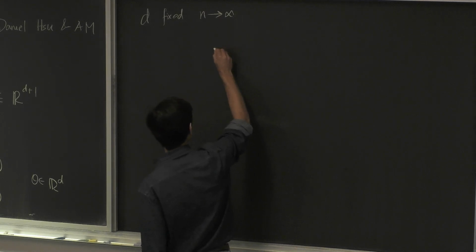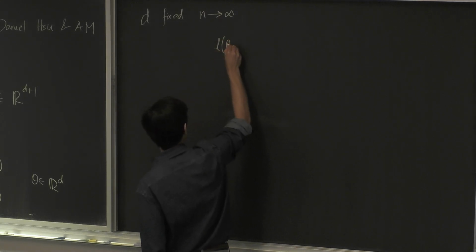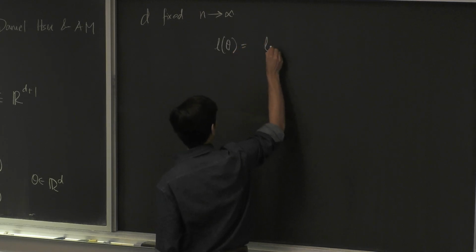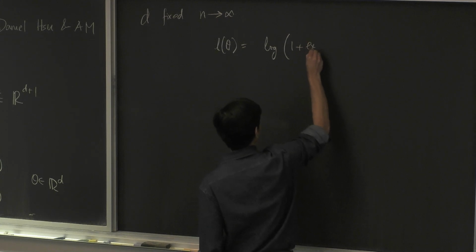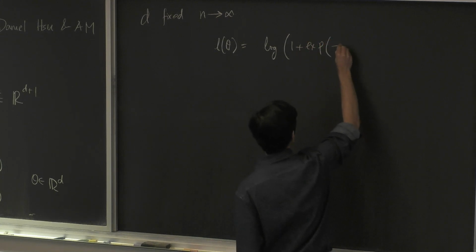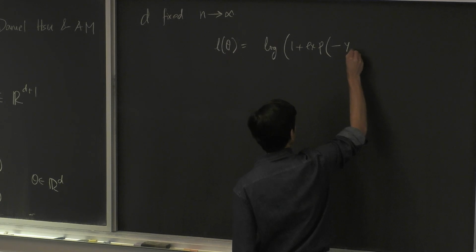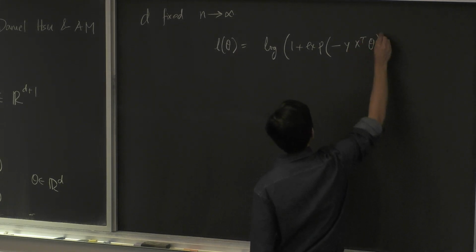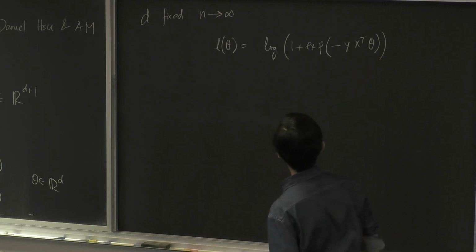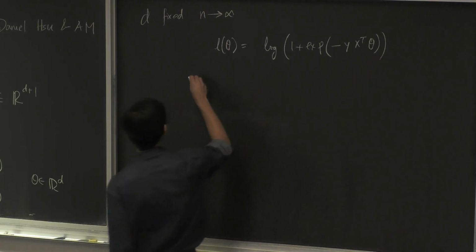So what is the logistic loss? Let's say L(theta) equals log of 1 plus exponential of minus y x transpose theta. This is the loss for this parameter theta.